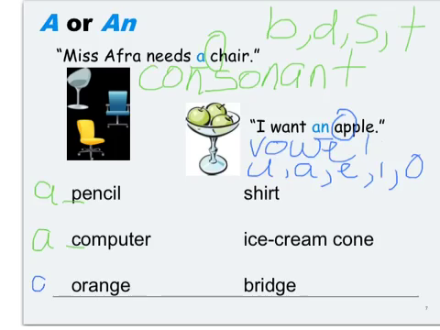We say an orange because O is one of the vowels. We say a shirt because S is a consonant. We say an ice cream because I is also one of our vowels. In our last word, we say a bridge because B is one of our consonants.